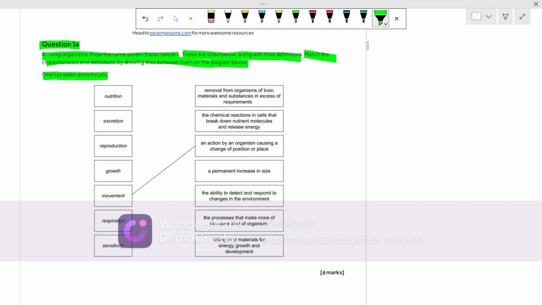So we have 7 characteristics of living organisms, and we have the definition of each one. We need to match each characteristic with its correct definition. 1 has been done for us, movement, which is an action by an organism causing a change of position or place.